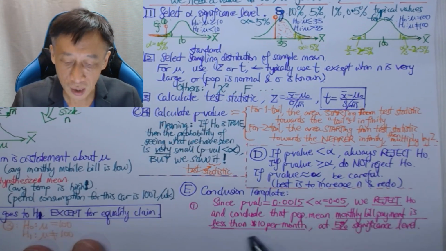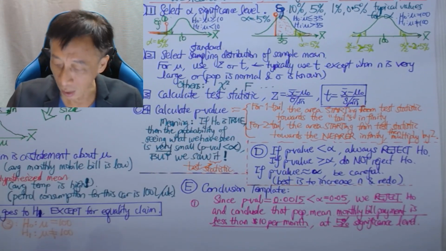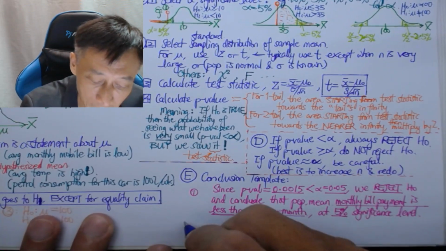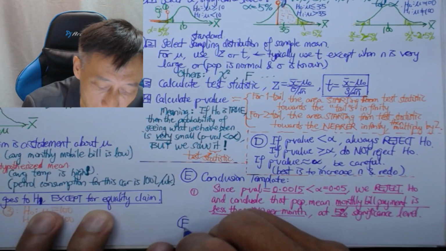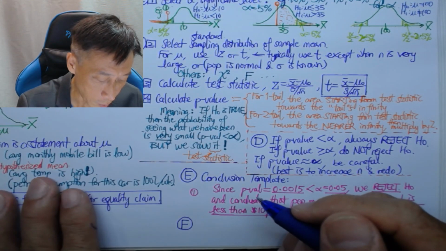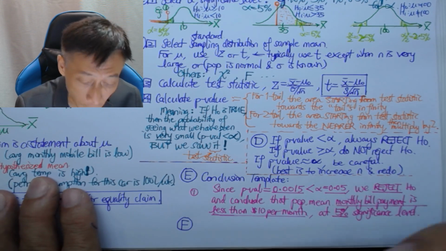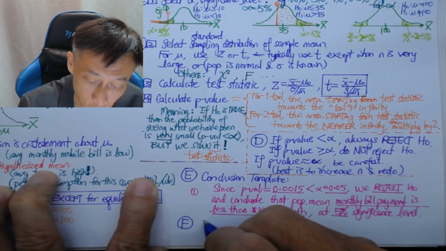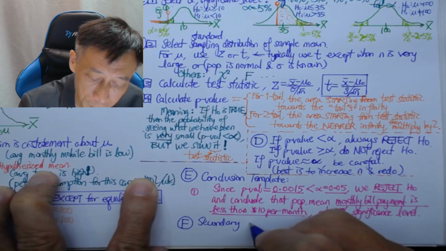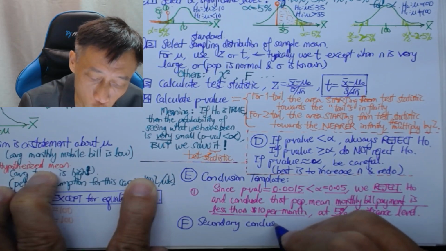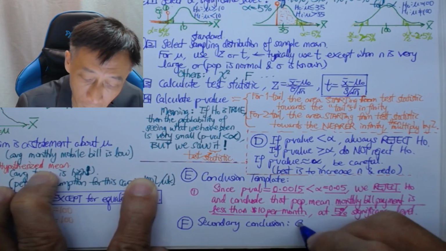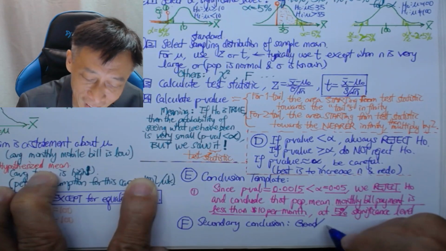Okay. And finally, after this, there's a sort of optional step, but it becomes important in real life, which is to go beyond the conclusion. So, secondary conclusion. The secondary conclusion part is more about good or bad.